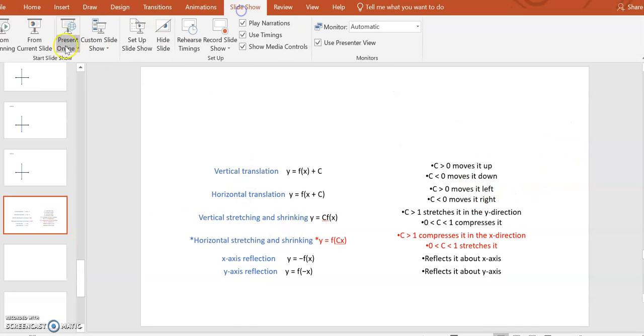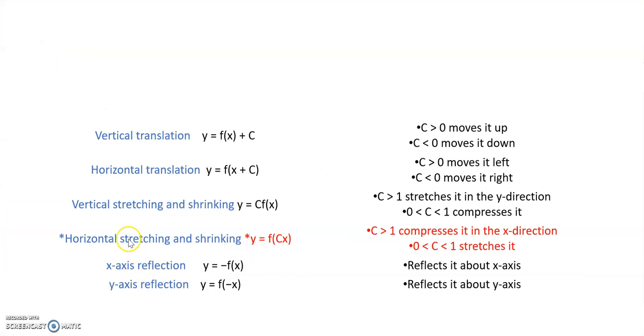The last one we went over was vertical stretching and shrinking. There's another one where we multiply x by a value like 2 or 1/2, which is horizontal stretching or shrinking, which we omit here. So it depends on whether the number we're multiplying by is bigger than 1 or a number between 0 and 1.